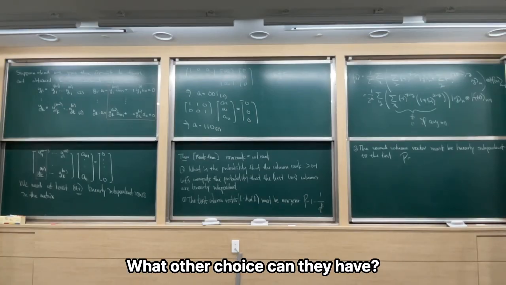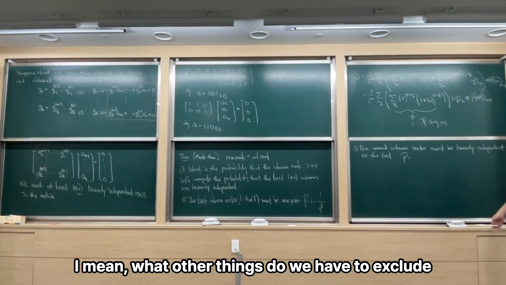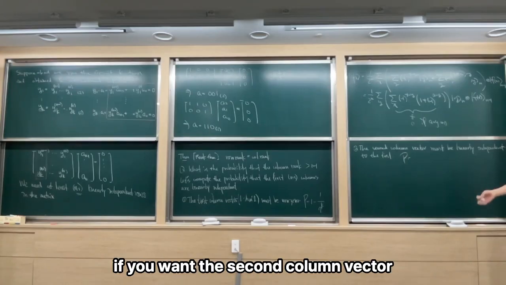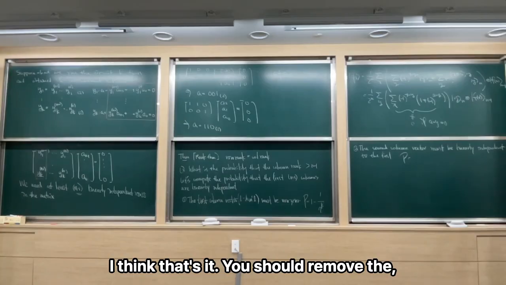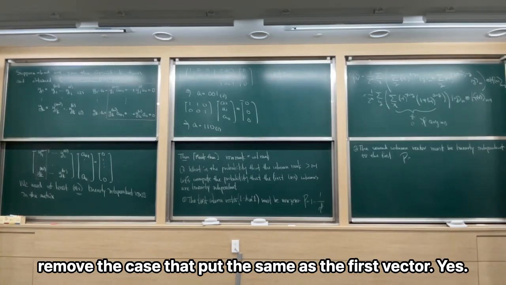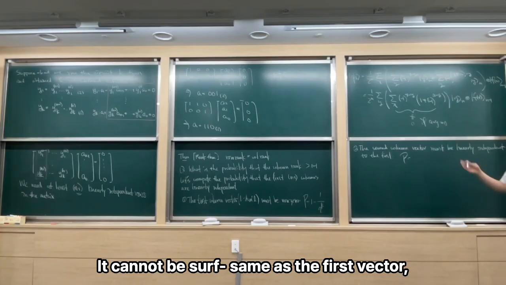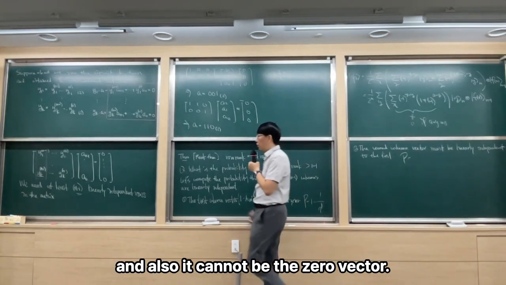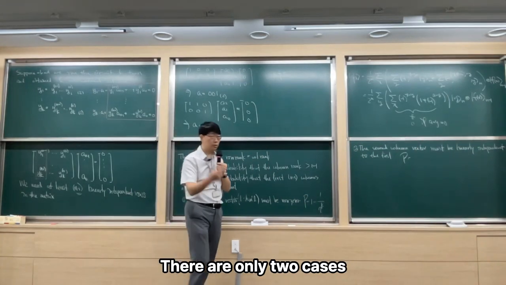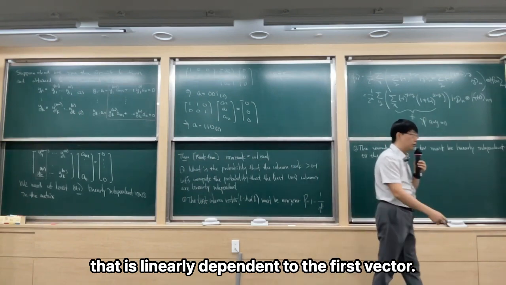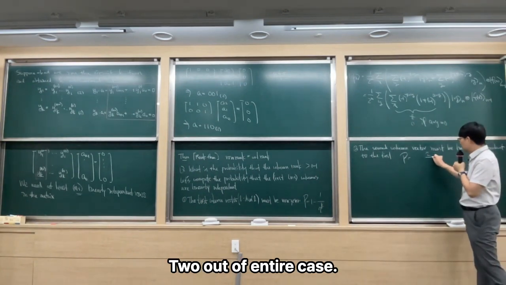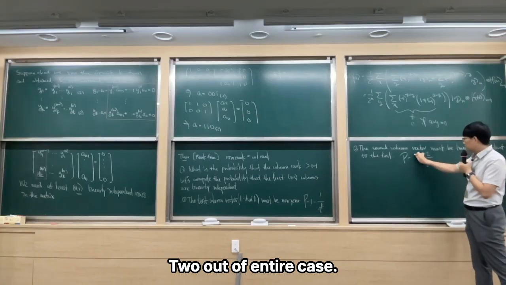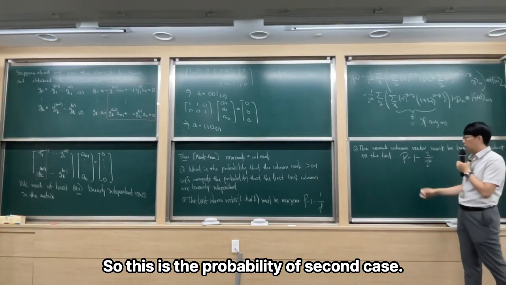What other things do we have to exclude if we want the second column vector to be linearly independent to the first? I think that's it: you should remove the case that it's the same as the first vector. There are only two cases that are linearly dependent on the first vector, so we have to exclude two out of the entire set of cases. So this is the probability of the second case.